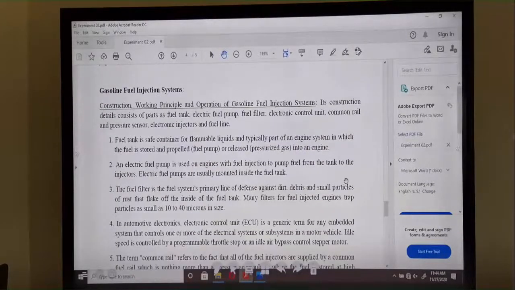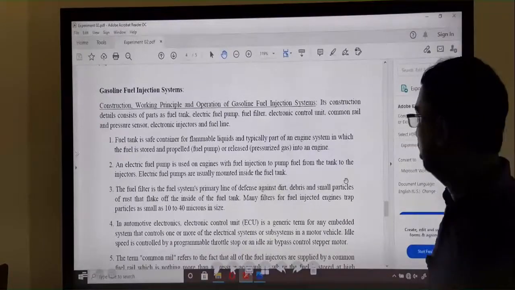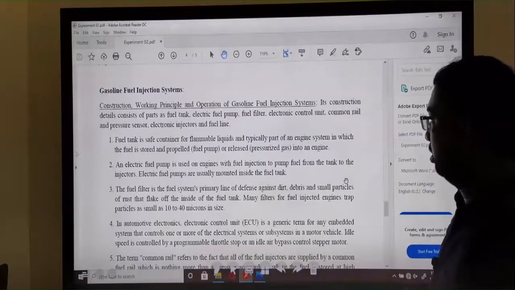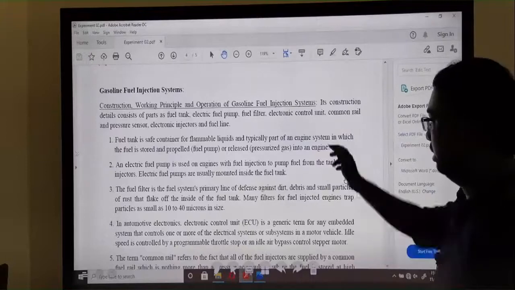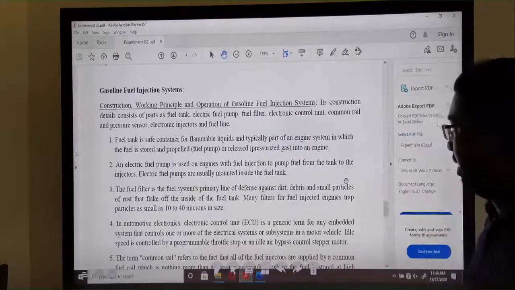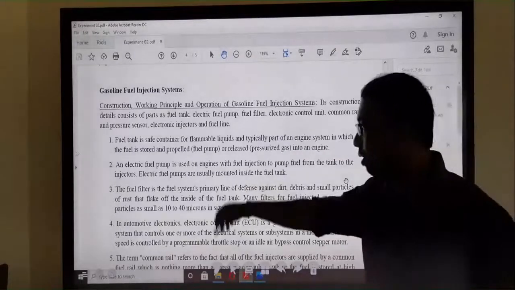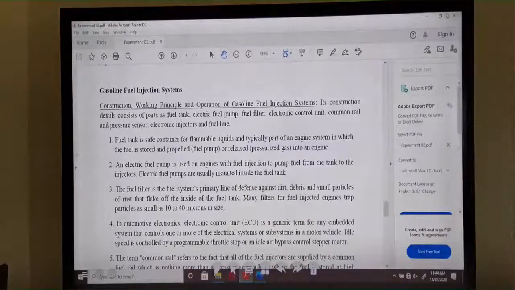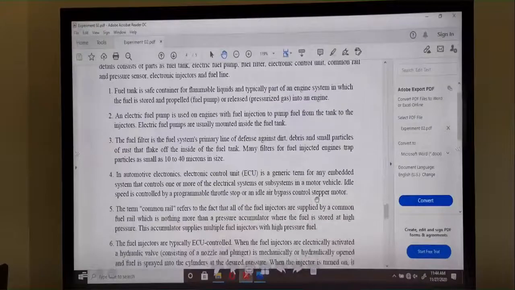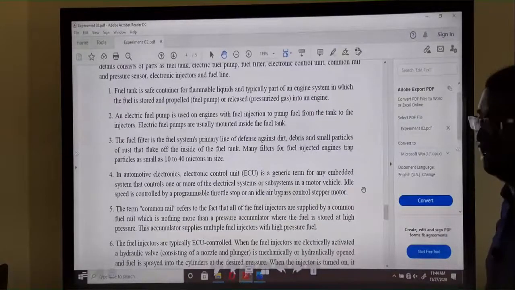Here you can see this is just an introduction of the fuel tank and electrical pump. I already told these things, and the filter also I told. There is an ECU.